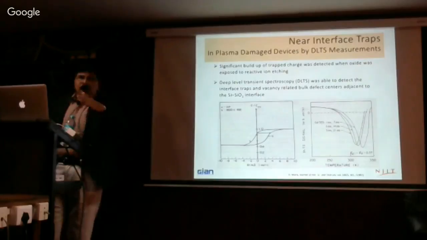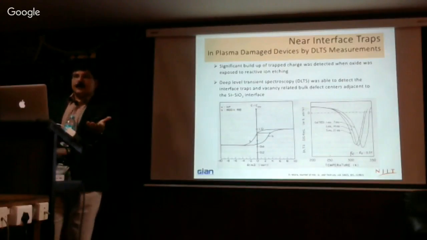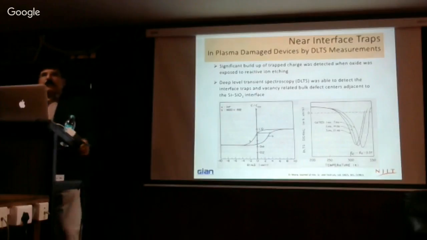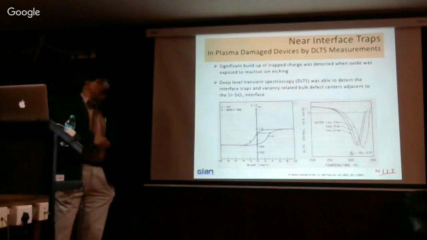At room temperature, those electrons are filling up and leaving because room temperature is good enough for them to be emitted. At low temperature, they are stuck because the time constant is high. So depending on your frequency of pulsing, you can know exactly where in the band gap they sit.